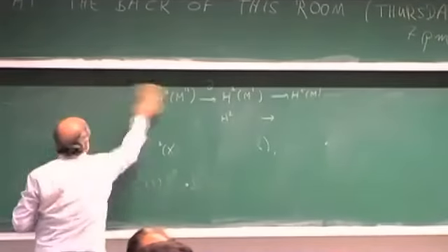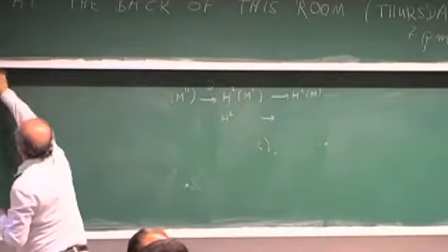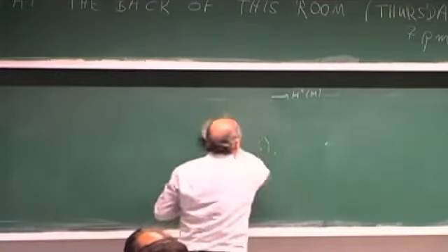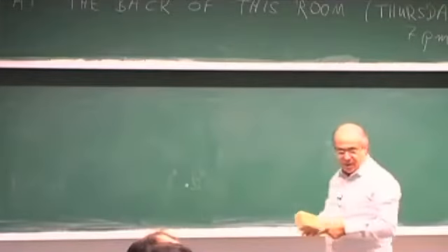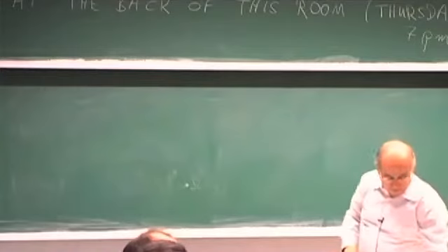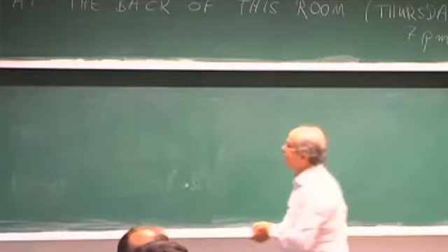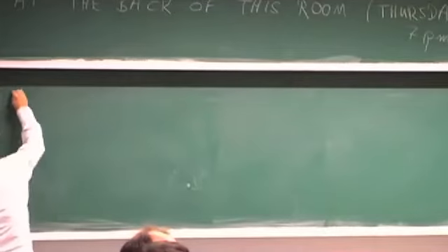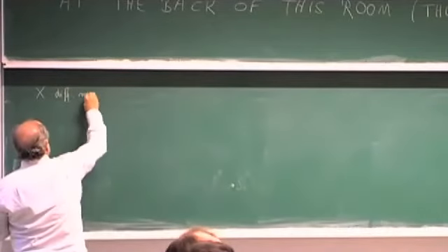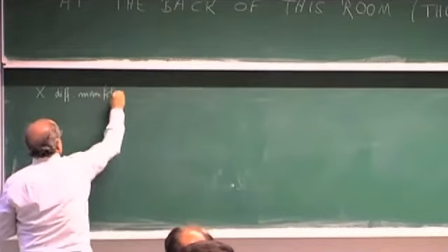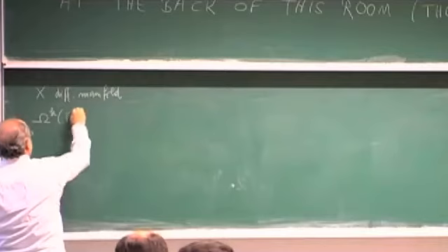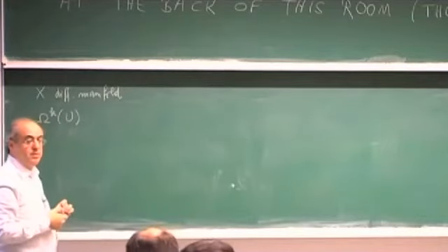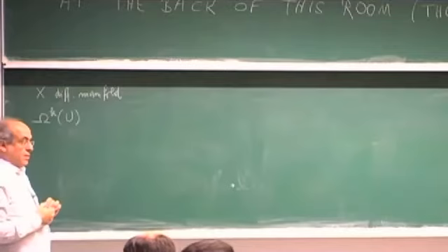Another example, which I leave to your consideration, provided, of course, you know some differential geometry, but I guess I can assume that this is true. Again, suppose that we have a differentiable manifold. Then we fix a k, and to every open set we associate the k-forms.